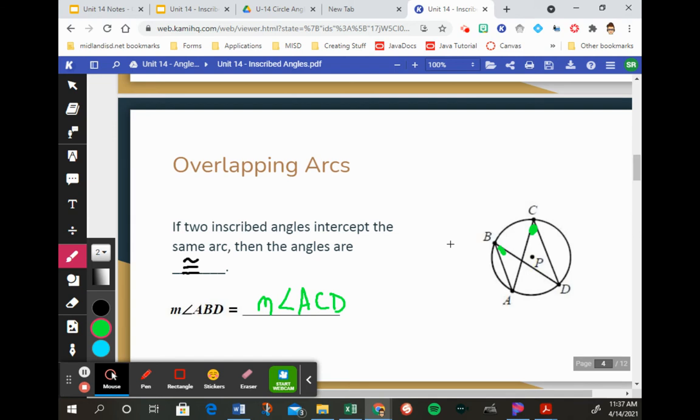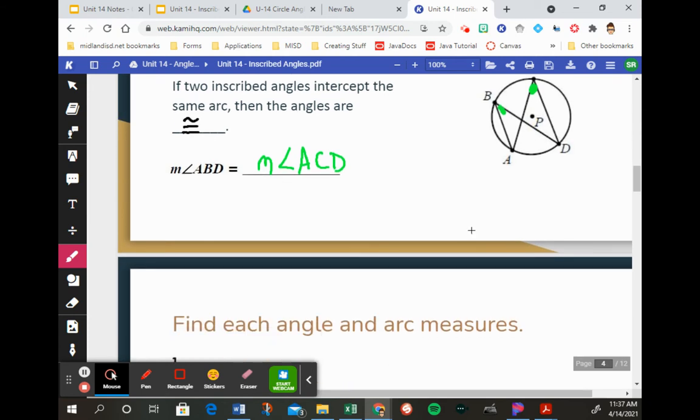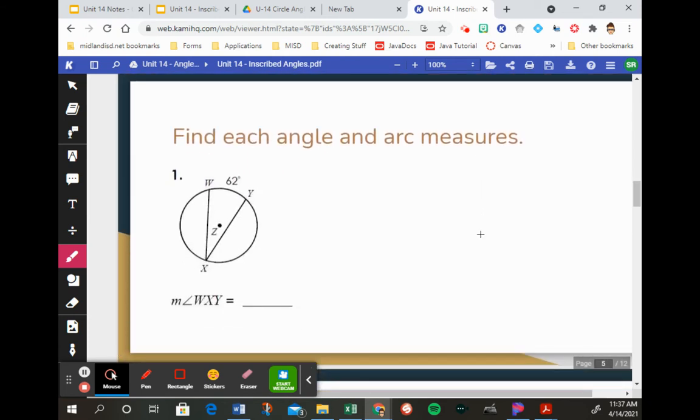All right. So let's go do some practice. Remember that the formula is: the measure of the inscribed angle is equal to 1/2 the arc.